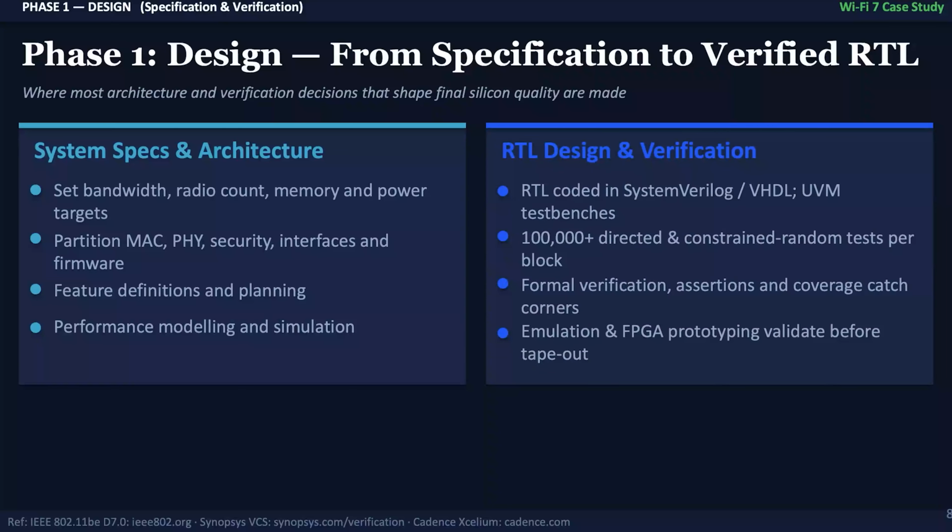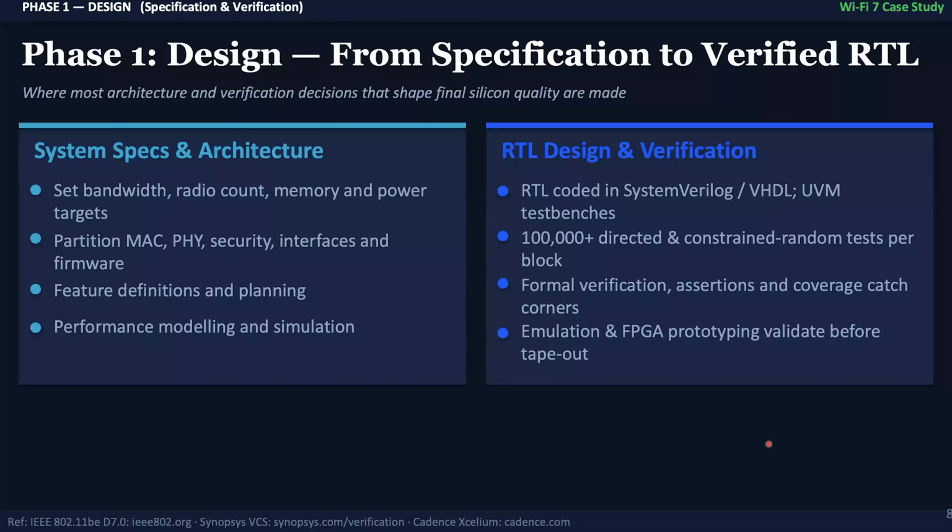Hundreds of thousands of directed and random tests are used to catch bugs and corner cases, which then increases the accuracy of the design. We also use emulation platforms and FPGA before tape-out to validate more realistic system behavior, and EDA tools from vendors like Cadence, Synopsys, Siemens, and also open-source tools like Verilator can be used for testing and verification.